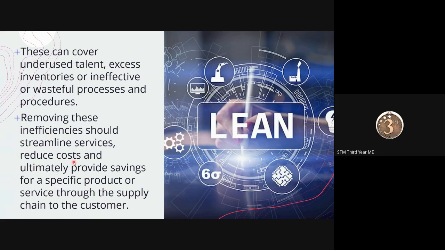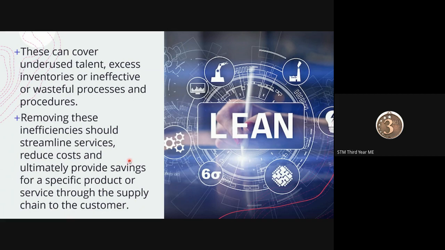Next is reducing the cost incurred. The cost incurred during manufacturing is reduced, along with the inventory holding cost, and this ultimately provides savings for the specific product. So we will be incurring more profits, and those profits are then utilized for the purchase of the next batch of raw materials.